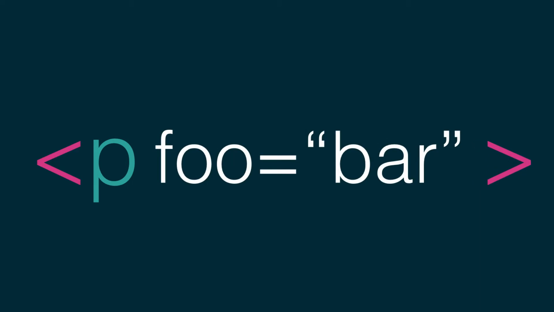So let's go ahead and remove all the cruft and talk about attributes. So tags can also have something called an attribute. An attribute is something like name equals value. So right now the attribute is foo equals bar, which is kind of a programming stand-in for something real.